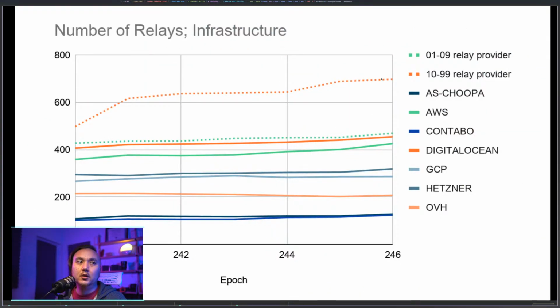So yeah, I've been doing a little bit of analytics stuff, and I've put some of it in chart form to kind of map stuff in the past.